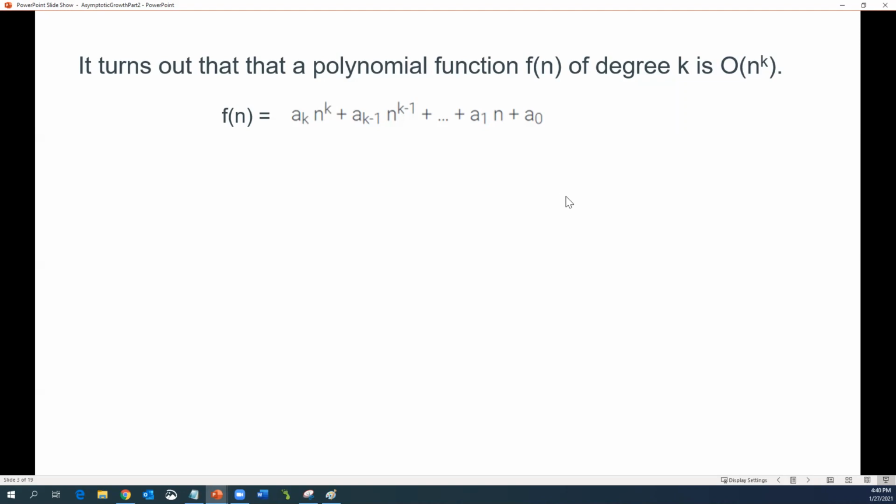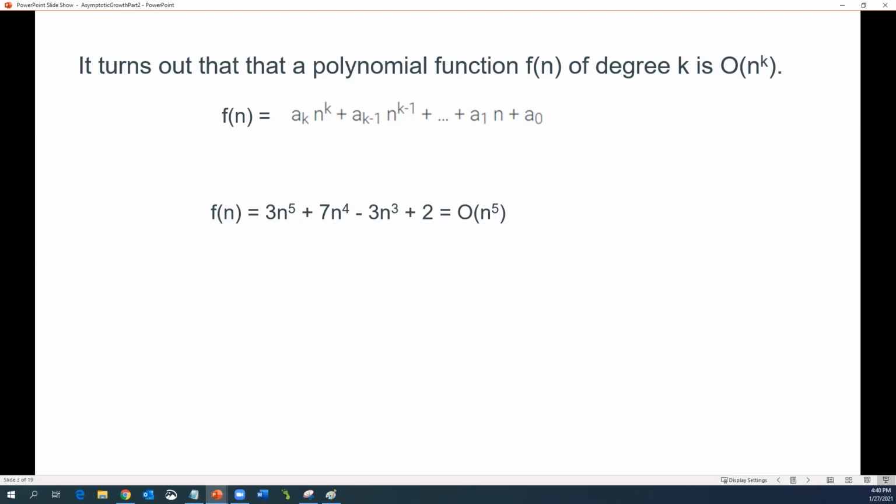Let me pull some examples out here. Here's a function, and we learned last time that we could say it is O of n to the fifth. Remember, we had a trick, and I'll show that trick in a minute to remind you.